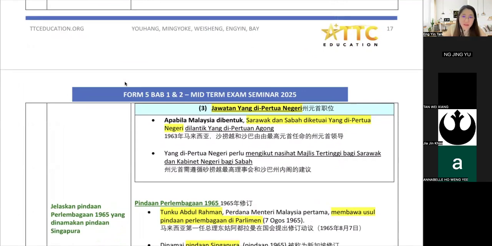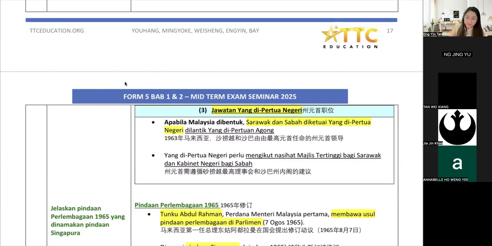So the last one is a very easy one. Now you see, Sabah Sarawak and even Singapore, right? They don't have a king. So in the law, we need to update a bit. We have this new position for them lah. But as I said, Singapore don't care already lah. We focus on Sabah Sarawak lah. So when Malaysia formed, Sabah Sarawak had a leader called Yang di-Pertua Negeri. Everybody okay? Yang di-Pertua Negeri, Ketua Negeri.